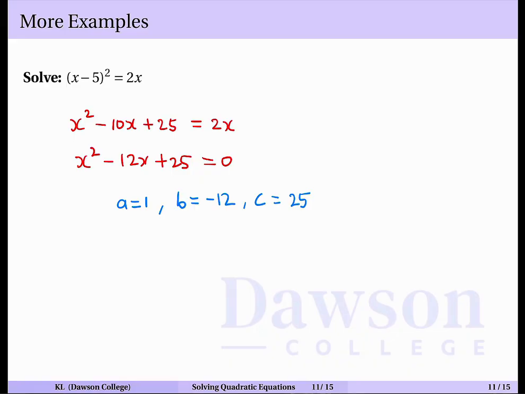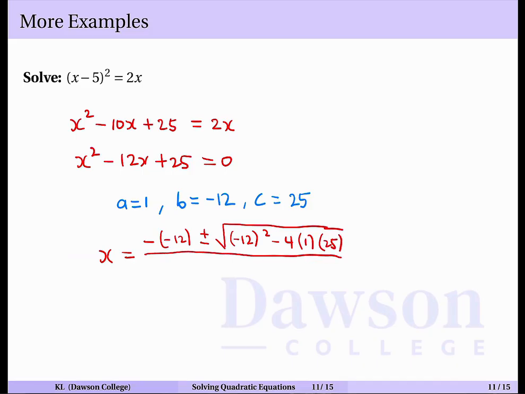Okay, so x equals negative B plus or minus square root of B squared minus 4AC, all over 2A.